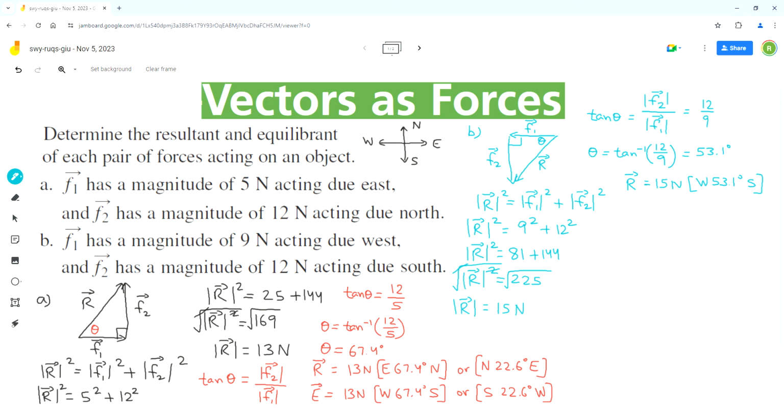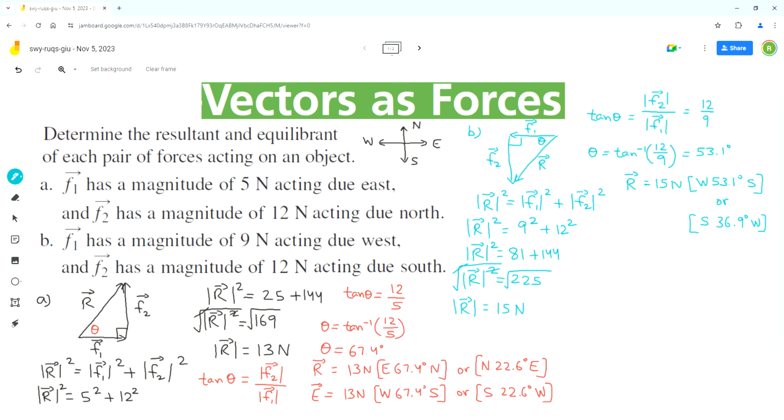Now if we want to use the direction the other way, so the other direction can be written as south, and now we have to do 90 minus 53.1, which is equal to 36.9 degrees west. So this is the final answer for the resultant of F1 and F2.